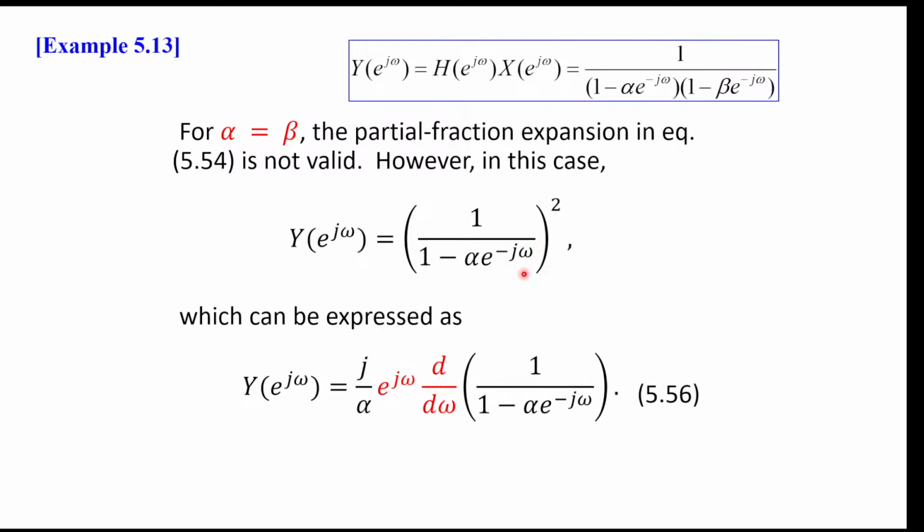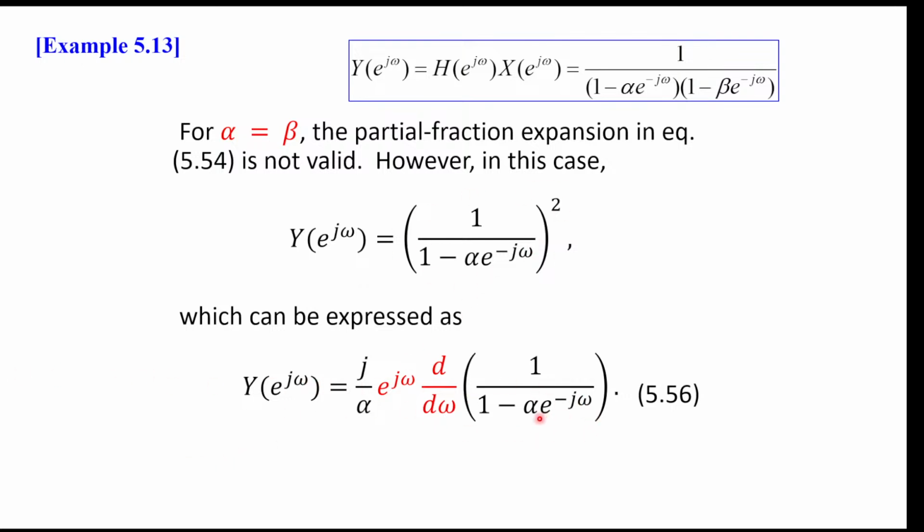differentiation on omega property. Okay, so we try to get a differentiation of omega on this thing we know how to Fourier transform, this 1 over 1 minus alpha e to the minus j omega. We do differentiation, then this minus 1 power becomes minus 2 power, so we'll get this square, but we'll actually also get extra terms.